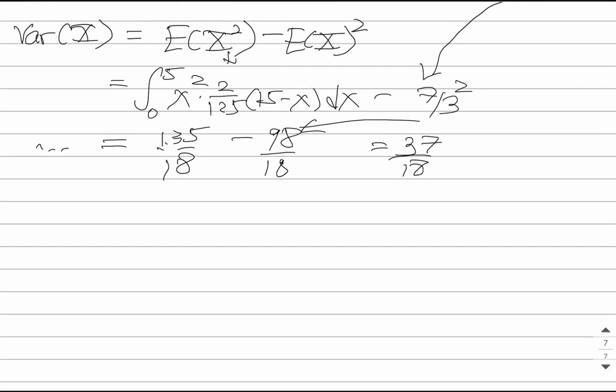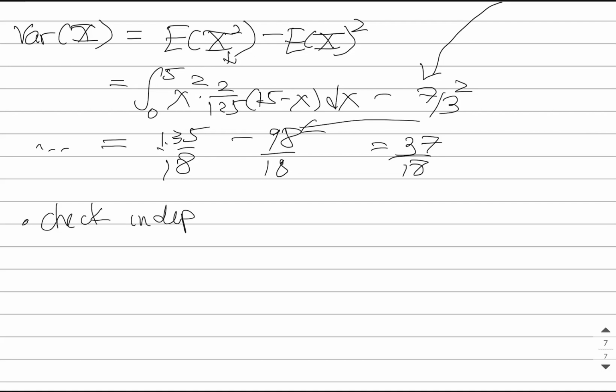Now, part of your pre-lecture is going to be to compute the marginal distribution for y, the expectation for y, and the variance for y. And once you've got those, you would check their independence.